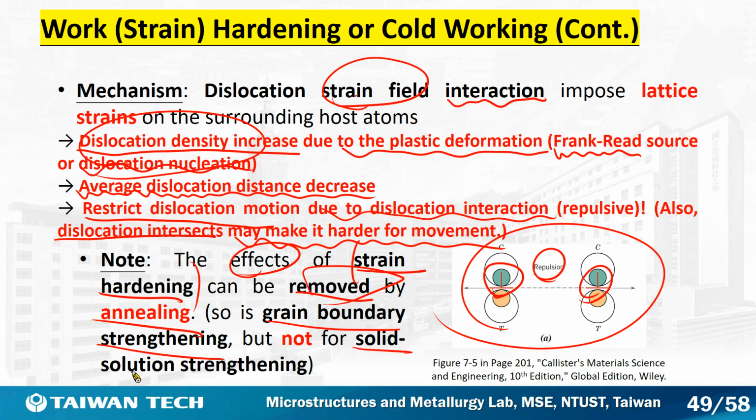However, for solid solution strengthening, if you do the annealing treatment, the solute atoms will still remain in the material. So the solid solution strengthening cannot be removed by the annealing process.